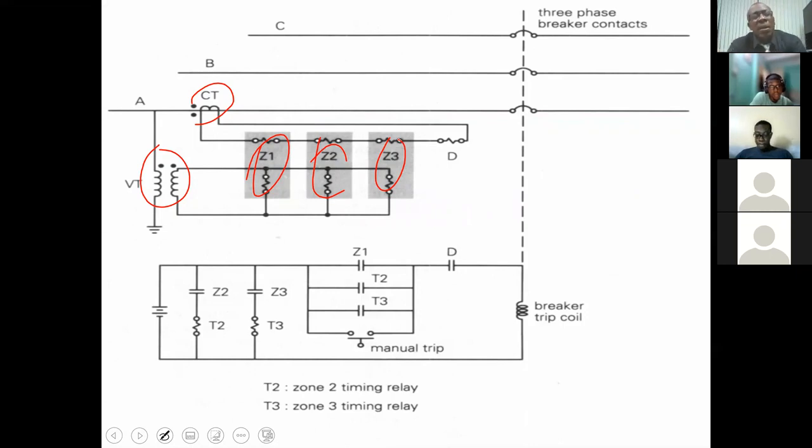We have the three coils representing zone 1, 2, and 3 as I've shown up at the top. Everybody comfortable with that? Now I want you to look below that. Remember what I said earlier, based on what we know of a relay, it gives a predetermined response to a particular input.